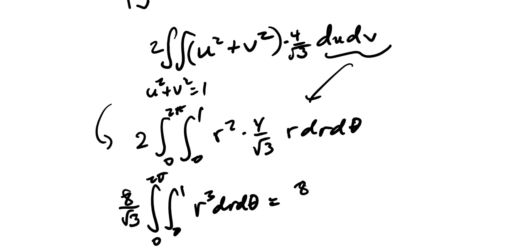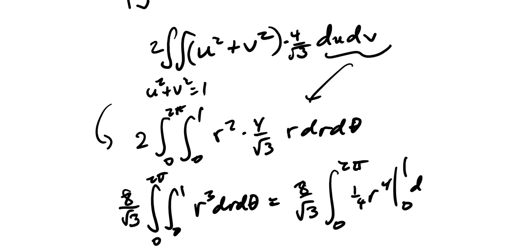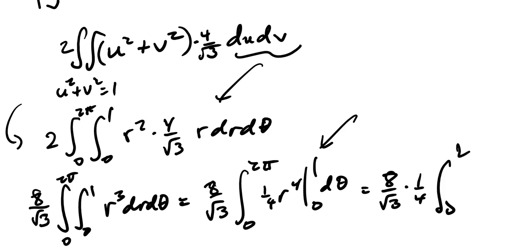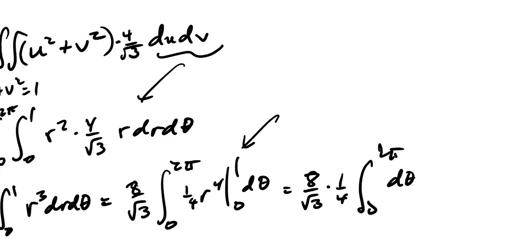So now we do 8 over root 3, integral 0 to 2 pi, 1/4 r to the 4th from 0 to 1 d theta. This all becomes 1/4, so this becomes 8 over root 3 times 1/4. And then integral 0 to 2 pi d theta just becomes theta.